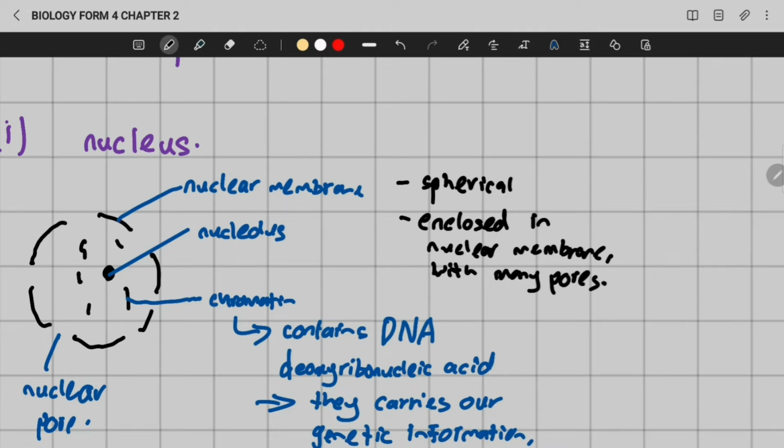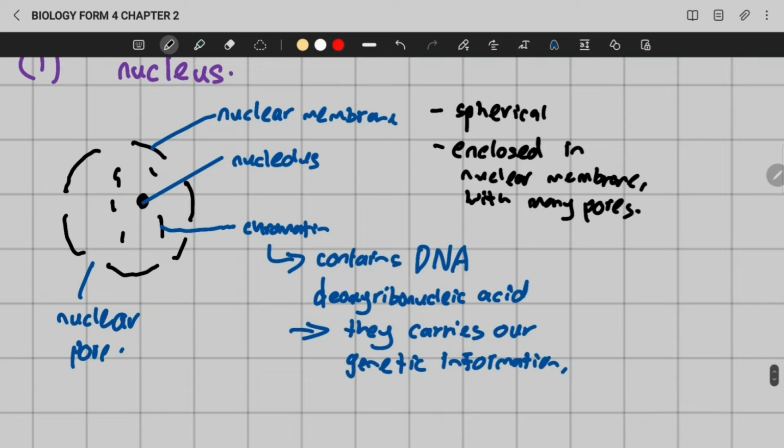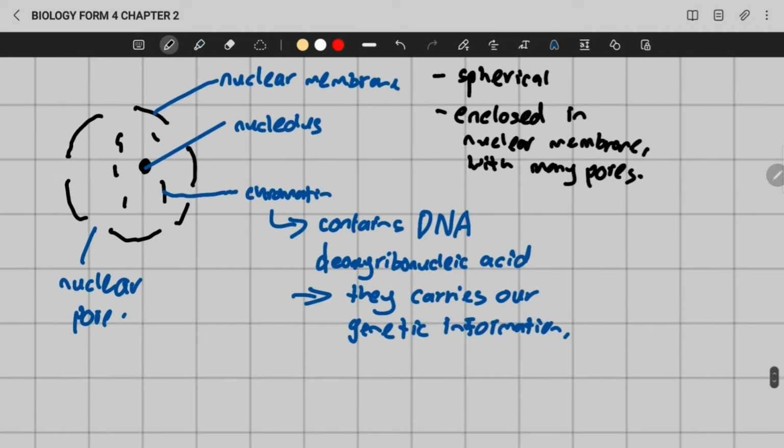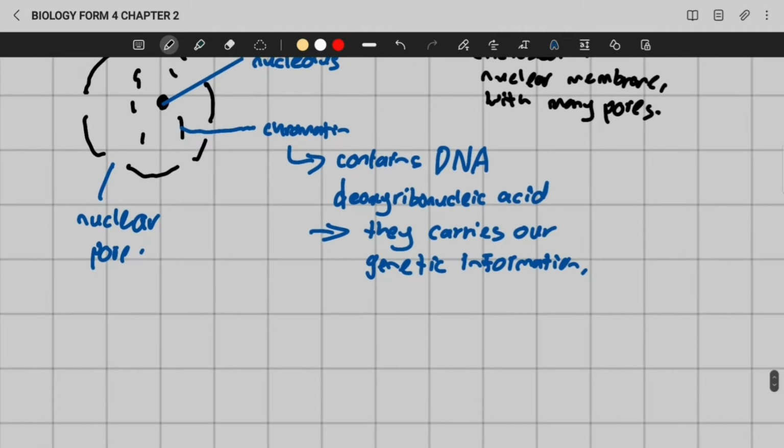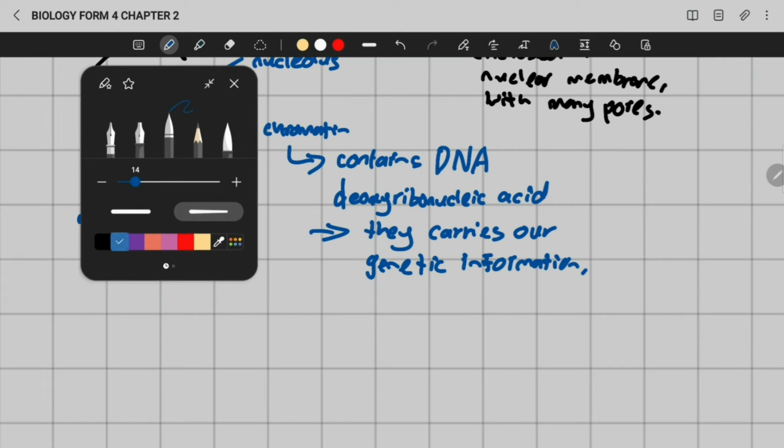And then you have chromatin or chromosomes. Basically the same things, but you will learn more during the chapter on cell replication. Chromatin contains DNA. Here I wrote the explanation already. This contains deoxyribonucleic acid, which contains our genetic information, and it determines the cell characteristics.